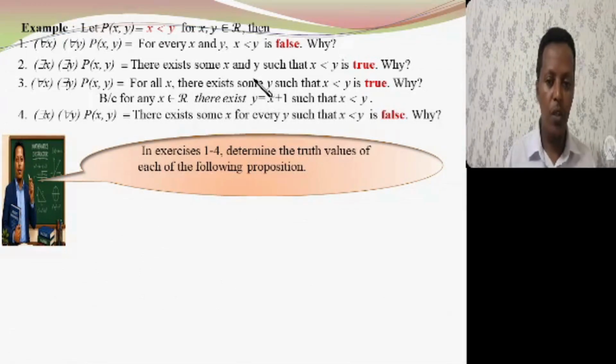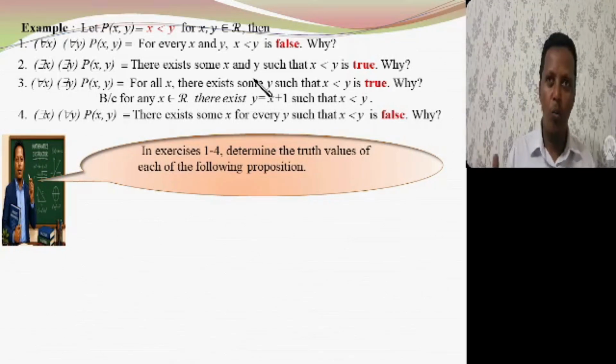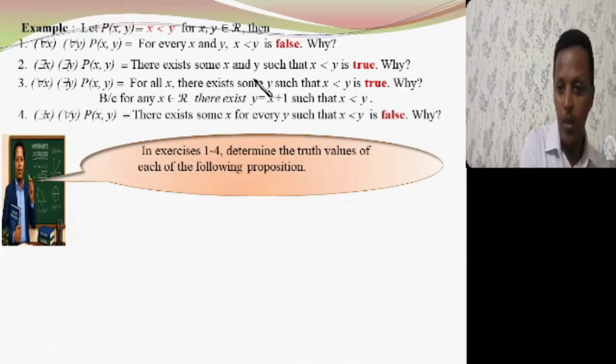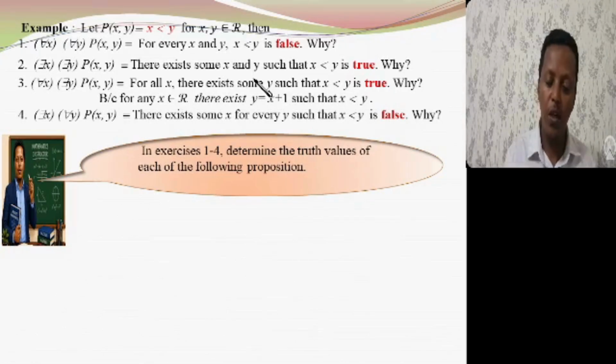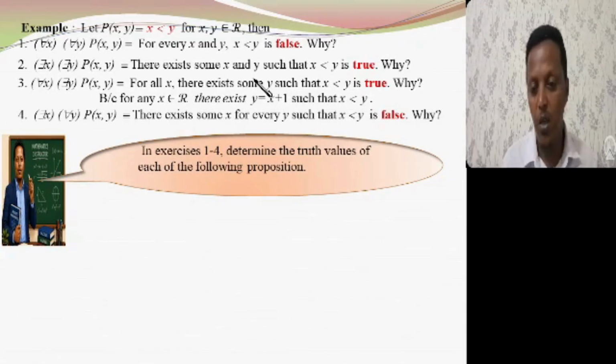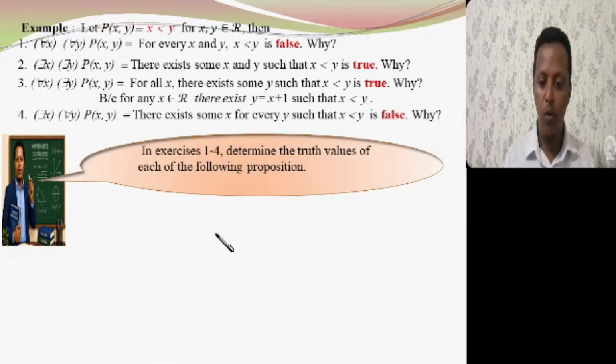Now based on the concepts we have seen, try to solve the following exercise. We saw the definition of an open statement with one variable and with two variables. And we saw how we can convert an open statement into a statement by replacing the variables with the corresponding values from the domain, or by attaching existential or universal quantifiers to an open statement. So try to solve the following exercises.